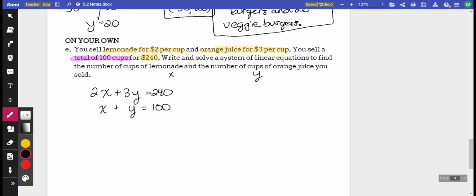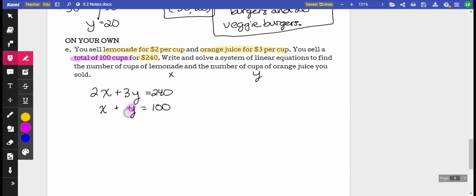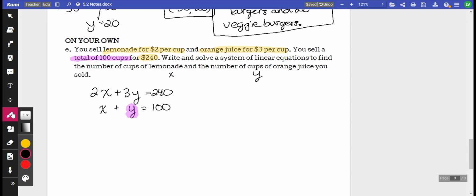So step 1 is to isolate one of the variables. Well, I'm going to choose the y in the second equation to get by itself. So in order to do that, I'm going to subtract x from both sides. That becomes y equals negative x plus 100. And then my first equation, I'm just going to rewrite that. I didn't change that. 2x plus 3y equals 240.